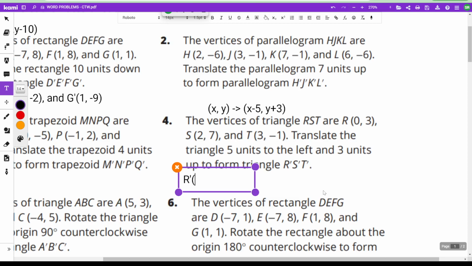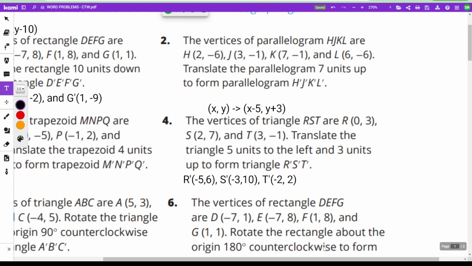So r prime, 0 minus 5 is -5. 3 plus 3 is 6. Okay. S prime, 2 minus 5 is -3. 7 plus 3 is 10. T prime, 3 minus 5 is -2. -1 plus 3 is +2. And there we have it.